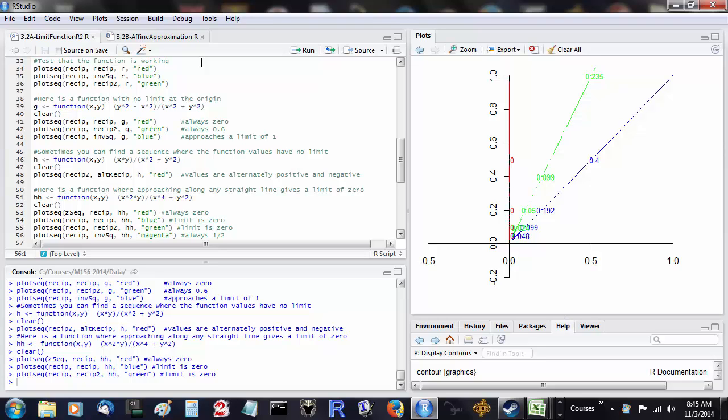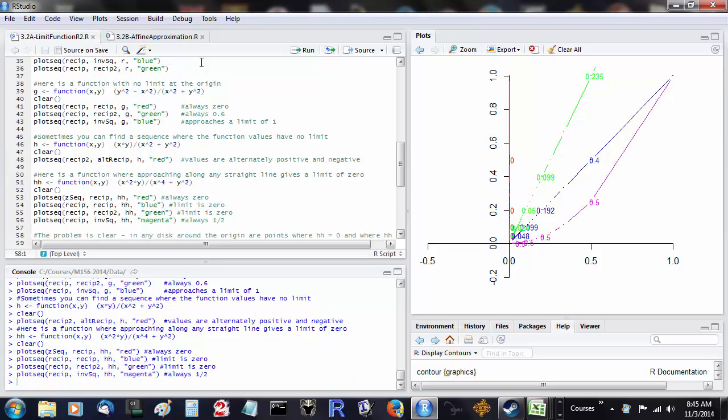If I move in along a line with a different slope, that's the case. But if I move in along points that lie on the parabola where y equals x squared by using the inverse square sequence for the y-coordinates, then for every point on that parabola, the function value is equal to 1/2.